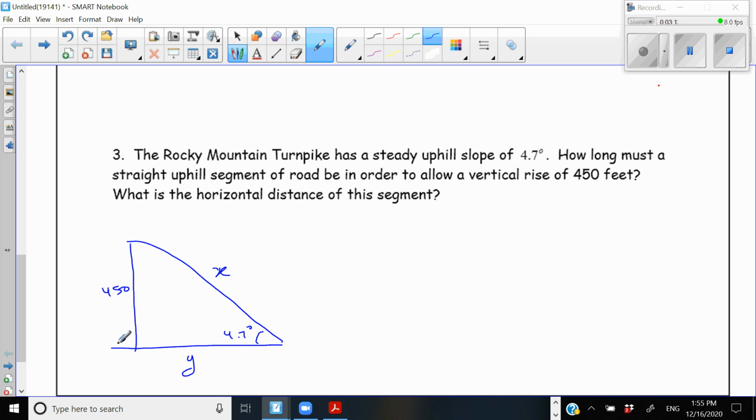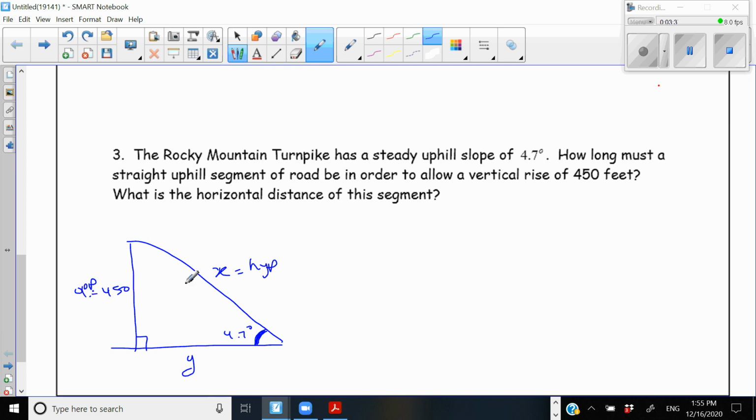So if I consider a right triangle here, this is the angle that I'm starting my work with. The side which is opposite this angle is this one, 450, and x is what I'm looking for, and that's my hypotenuse.